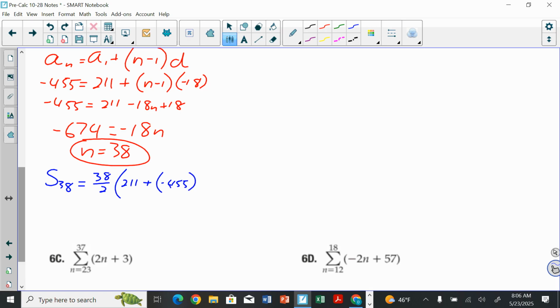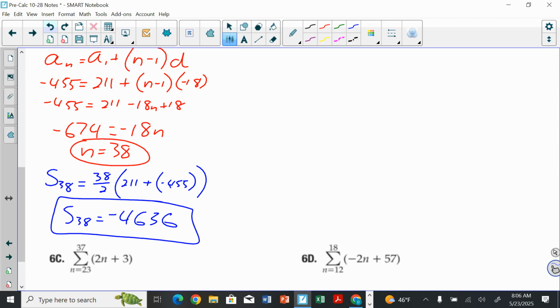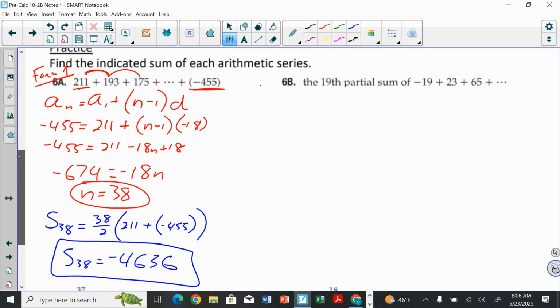So I can do this math here, do the parentheses first, and then multiply by 38 over 2, and you end up getting negative 436. Sorry, should have written that better. So the sum of those 38 terms would be negative 4,636. Okay? All right.